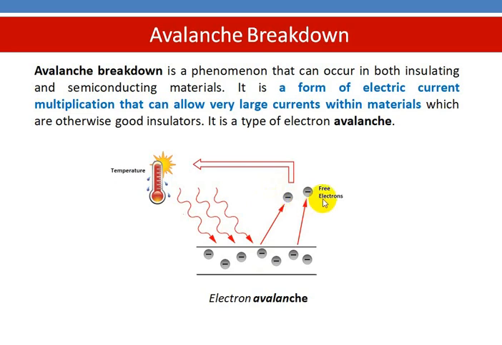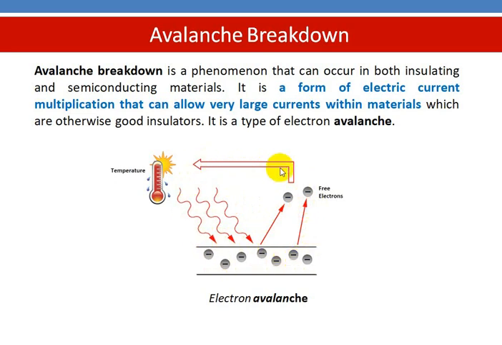They move freely in the structure, and further flow, constituting current. Because of this movement of electrons, current flows and, as a result, heat is also developed in the device. This heat further liberates electrons, so more and more free electrons are produced, and more current flows.